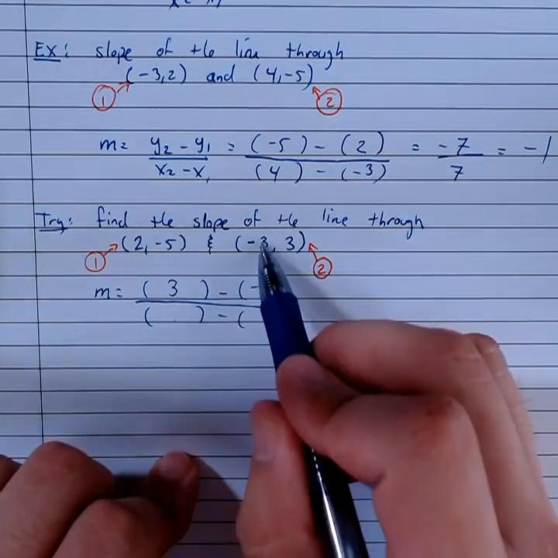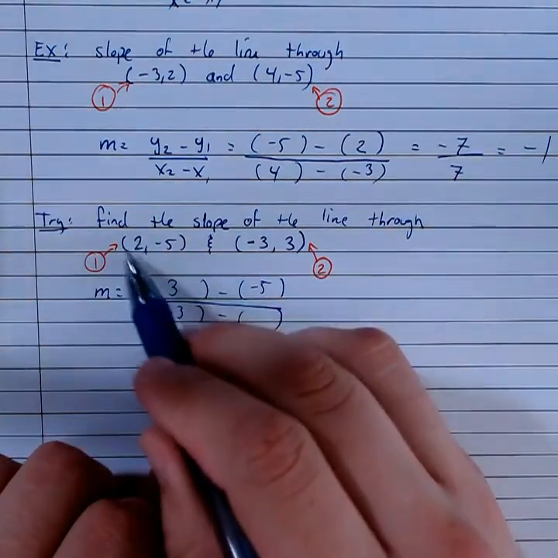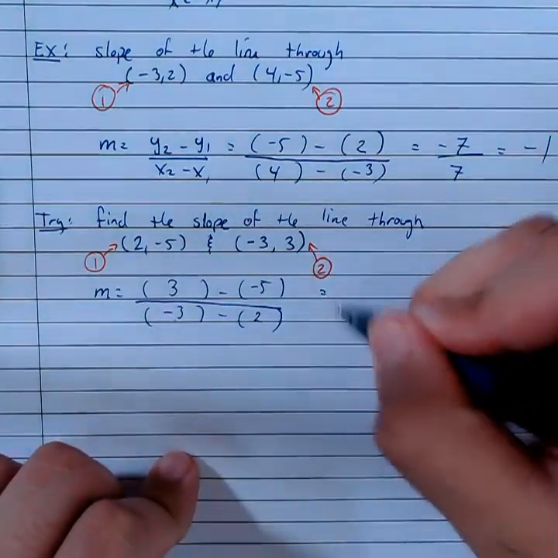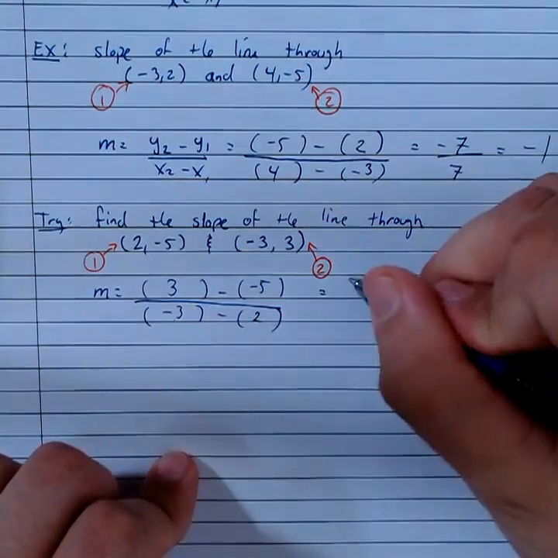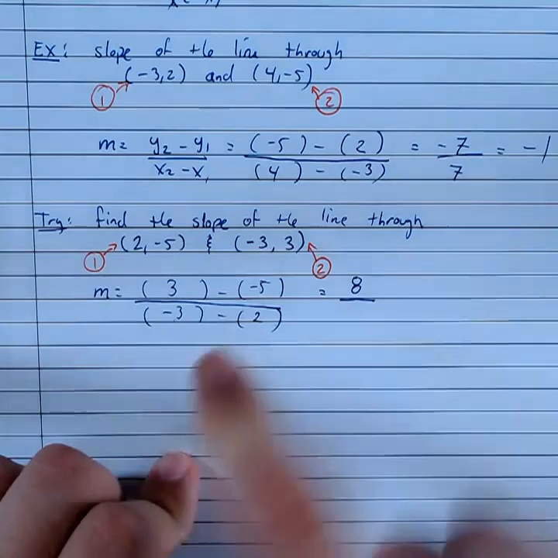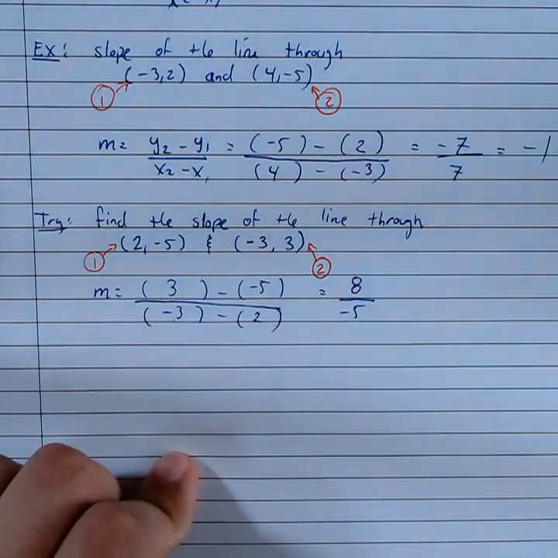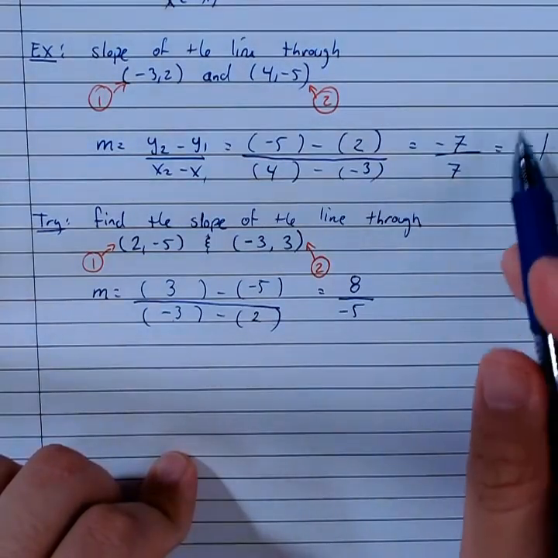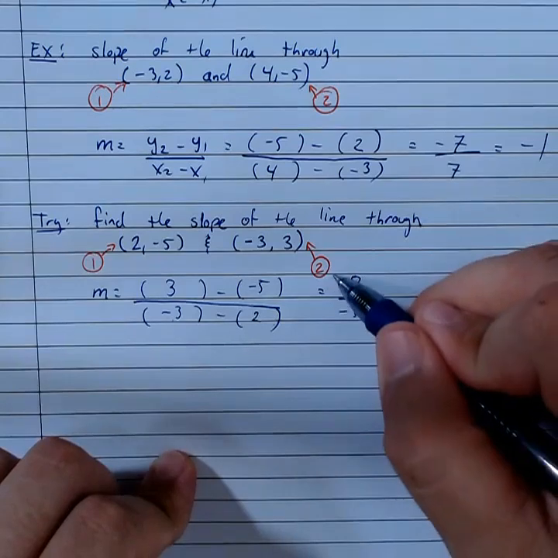X2, that's negative 3. And X1, that's the number 2. So 3 minus a minus 5, that's 8. Negative 3 minus 2, that's negative 5. Over here, this reduced to give me just the number negative 1. Here, this one doesn't reduce, so we'll just leave it like that.